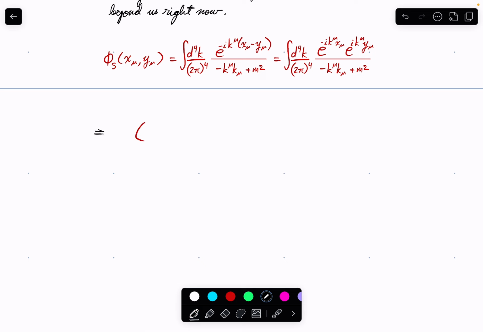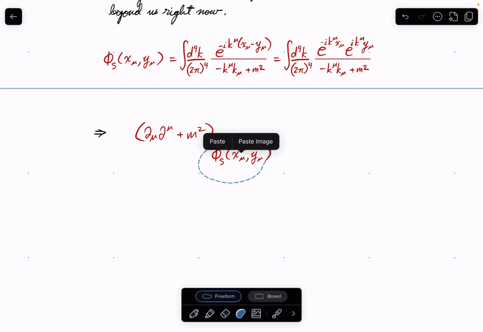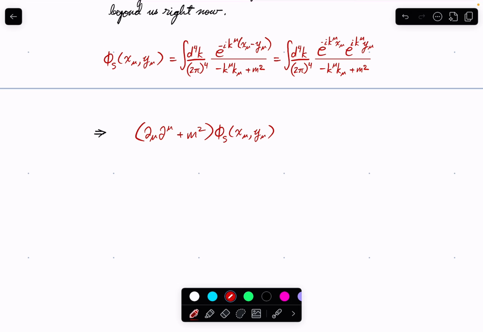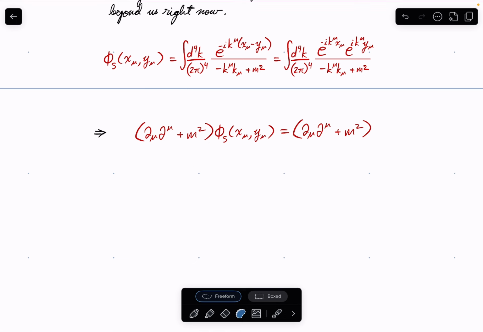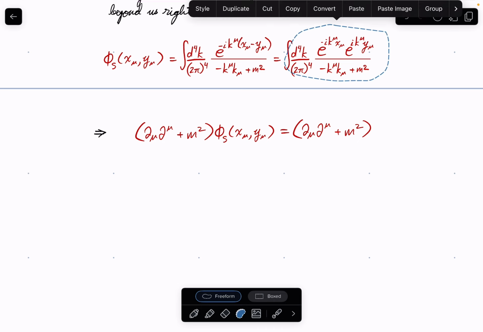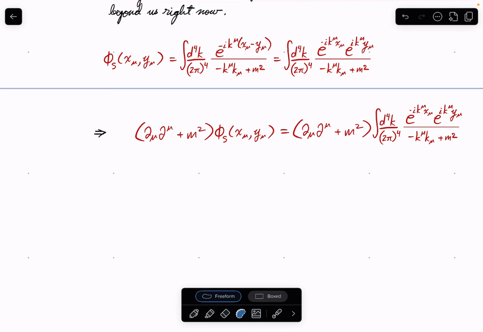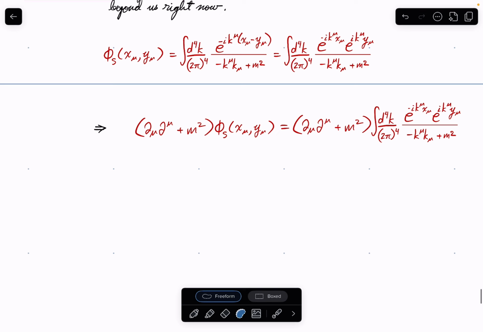So we'll say this implies that the Klein-Gordon equation, which is or times this, is just equal to this times this quantity right here.